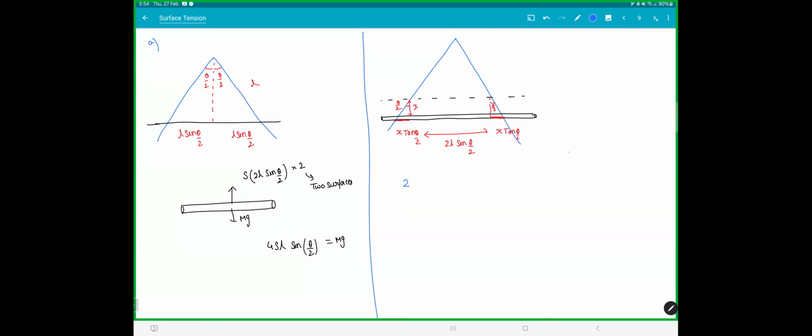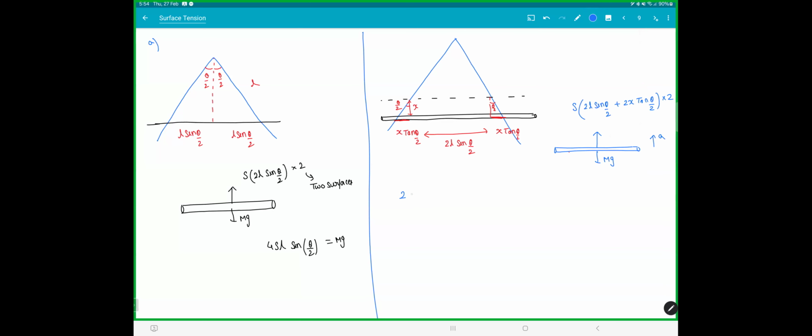So now the force will be 2 into s, length will be, if you just draw the FBD, this will be s into 2l sine theta by 2 plus 2x tan theta by 2, into 2 because there are two surfaces, and mg. Now there will be an acceleration in the upward direction.